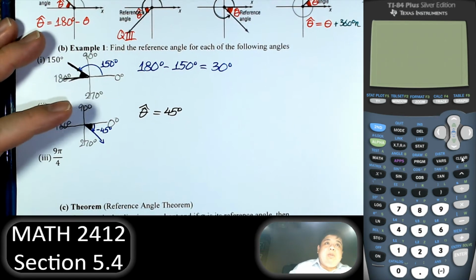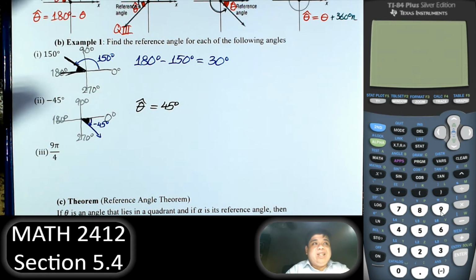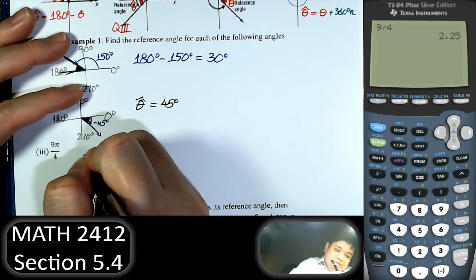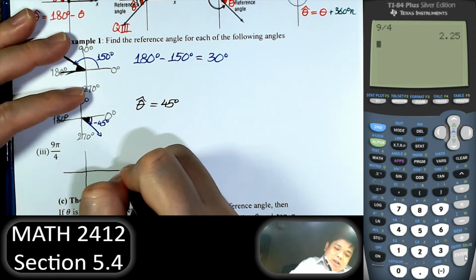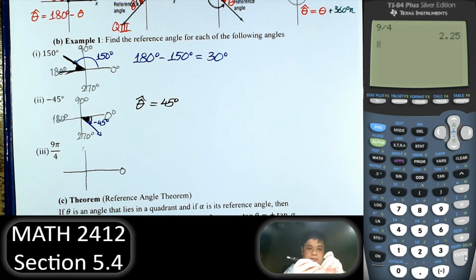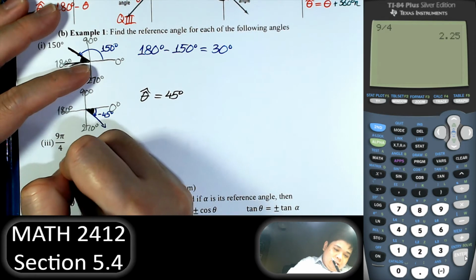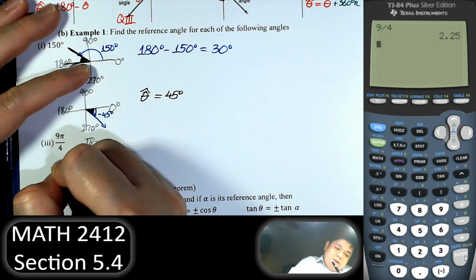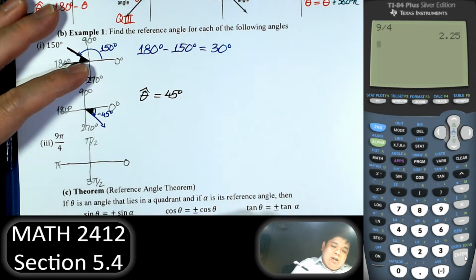Right, 9 pi over 4. Well, 9 pi over 4 we did see before. 9 over 4 is more than 2 pi, meaning it is more than a revolution. So in terms of radians, 0, pi over 2, pi, 3 pi over 2.